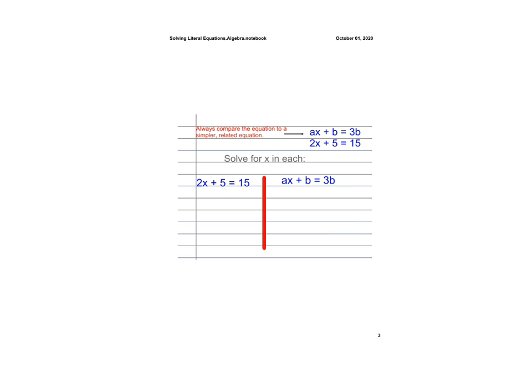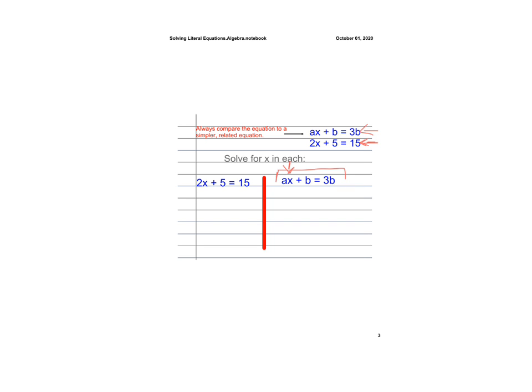All right, so on this slide, here's that same equation from the previous slide, ax plus b equals 3b. What you want to do in order to understand this is compare this equation to an equation that's simpler, but the same idea. Since we're solving for x, the way we came up with this second one is just replace all the letters with different numbers.